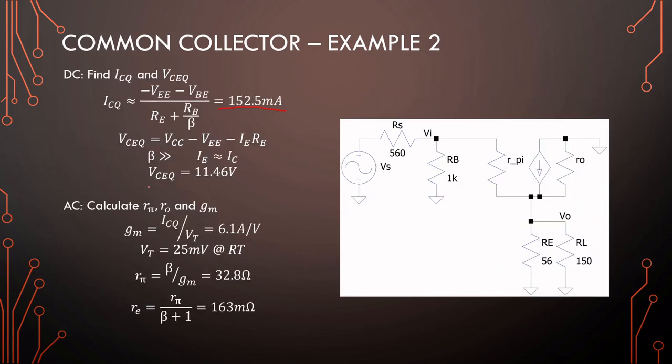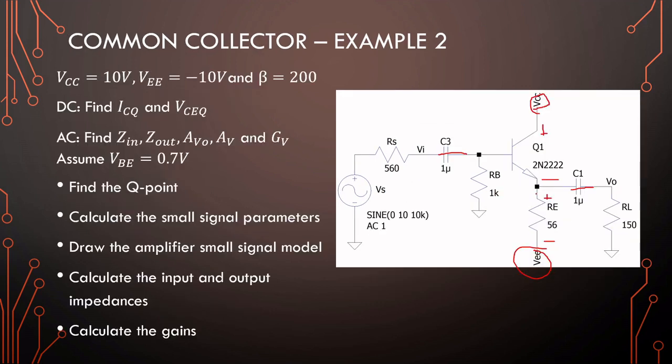So our Q point, our VCE value, we are going to calculate a little bit differently, but this comes down to roughly 1.46 volts. Notice that there is no emitter subtraction here, and that this is a bit larger due to the fact that we have to bias the transistor or have it switched on.